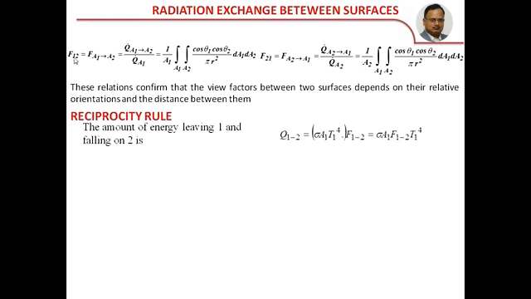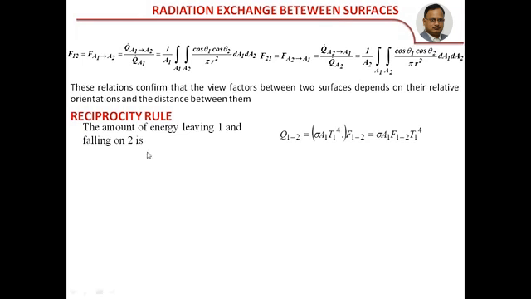From these two equations, if you carefully see, Q A1 to A2 is F12 times A1, and Q A2 to A1 is F21 times A2. So there is a possibility of developing a relationship between the shape factor and the area, and the rule which we are going to develop is called the reciprocity rule or reciprocity theorem.